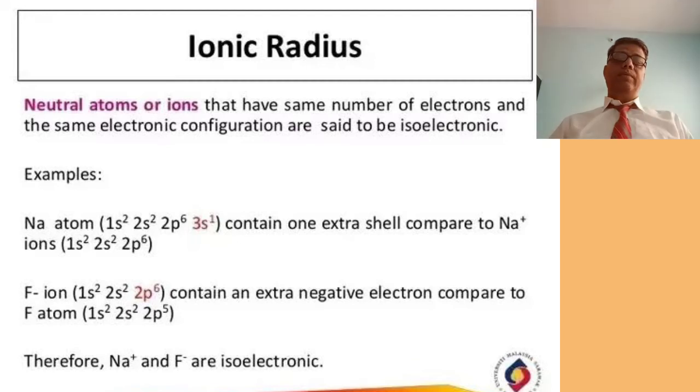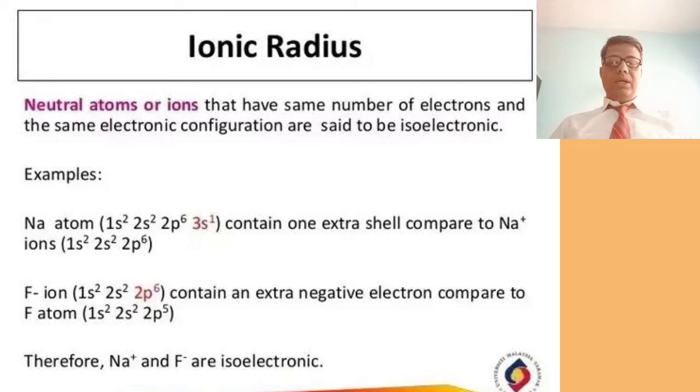Depending on the nuclear charge, their radii show various trends. A larger nuclear charge exerts greater attraction on the electrons, so the radius becomes smaller.